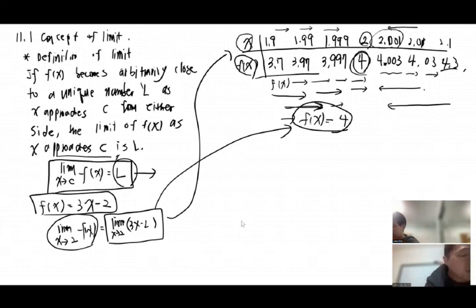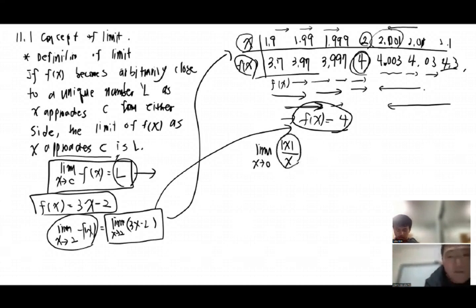So in some cases, limit doesn't work. So we're going to take a look at the case where the limit fails to exist. For example, let's take a look at the function with absolute value. This example is the limit as x approaches 0 of absolute value of x over x.